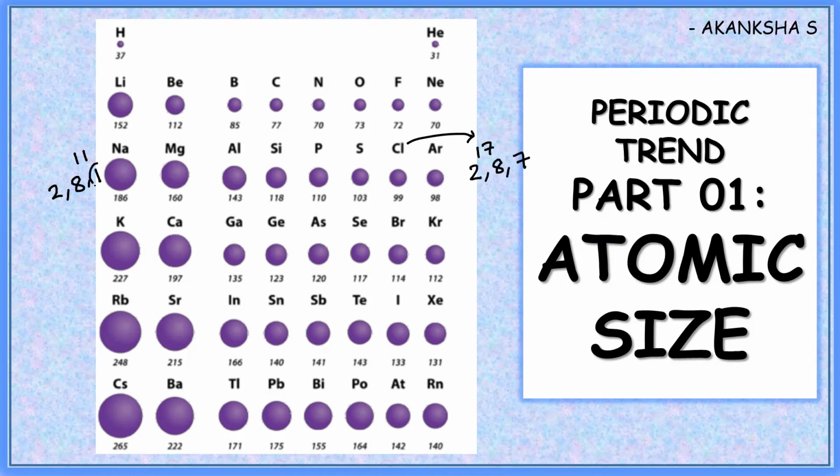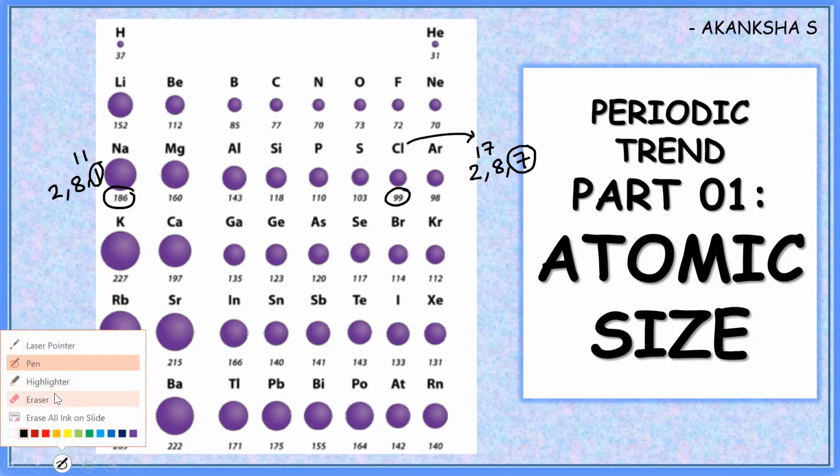See, only one electron needs to be pulled in sodium, whereas 7 individual electrons need to be pulled in chlorine. That also affects the atomic size. So as the number of valence electrons increases, we can see a decrease in the atomic radii. That's why the atomic size of sodium is 186 and chlorine's atomic size is 99.